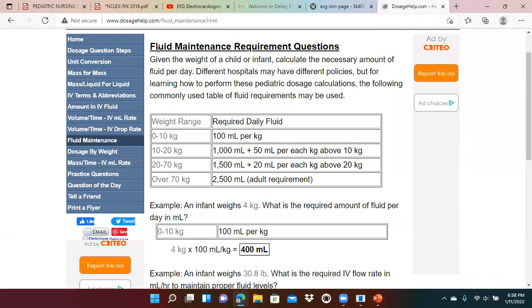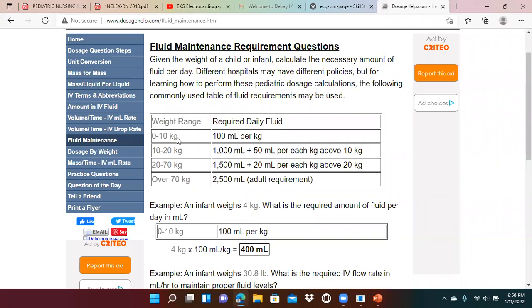So let me recap it. It is called the fluid maintenance requirement formula. Body weight range, required daily fluid. If our pediatric patient or child is 0 to 10 kilograms, the required daily fluid is 100 ml per kilogram.